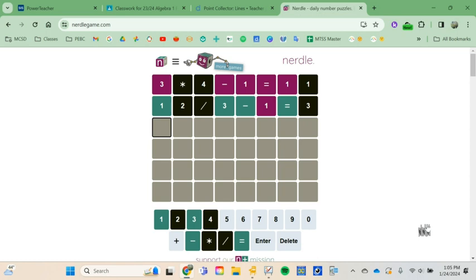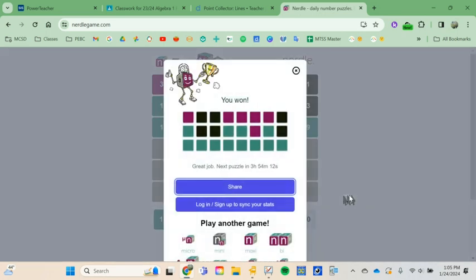Let's try. 1 plus 13 minus 5 equals 9. Oops, I wrote it wrong. There. Ah, we did it. It's not as hard as you think. Just the first one's kind of hard to come up with. Anyway, let's get back to what we were originally going to do.